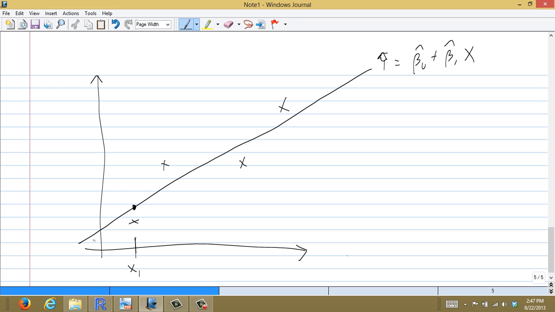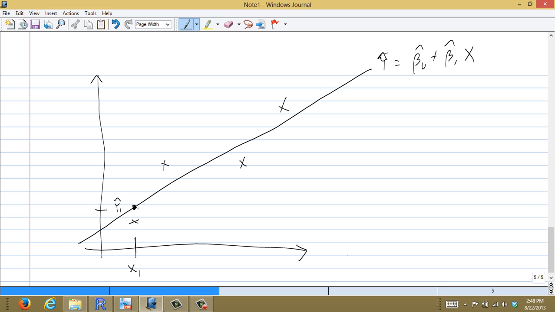That gives us the value on the estimated regression function. Basically, if we draw a vertical line from x1 up to the estimated regression function, the place where they intersect is going to be the fitted value for that particular observation.